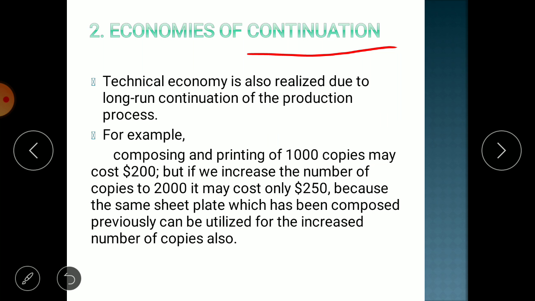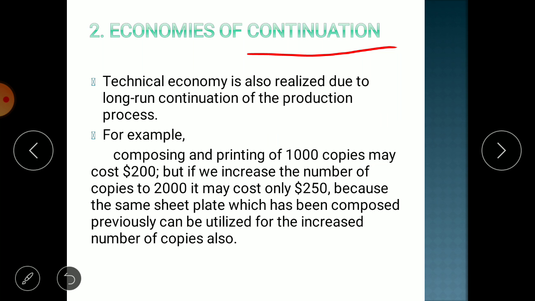Take an example of the tiles factory. You know that tiles factories have huge machinery. Once they are started, if you take a break, then it will take time for restarting, and more energy will be utilized for the restarting. You may have experienced this when riding a vehicle. For example, at a traffic signal where you know you need to stop for only 15 seconds, you will not shut down your vehicle.